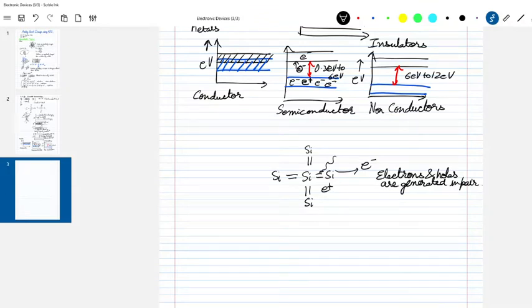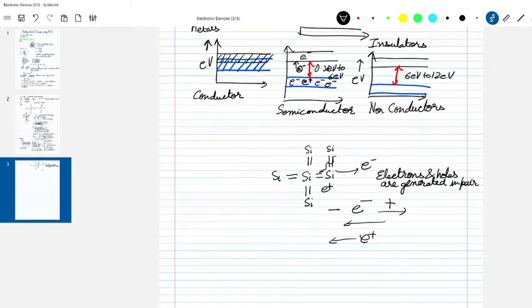Let's say there is another silicon atom here. An electron from the neighboring silicon can jump into the missing electron's place. If a field is applied, with this side positive and this side negative, electrons are going to travel one way, while the holes, which are fictitious particles, seem to travel the other way.